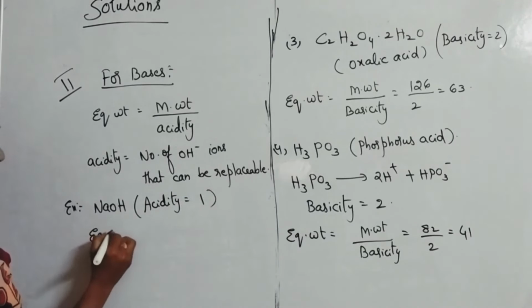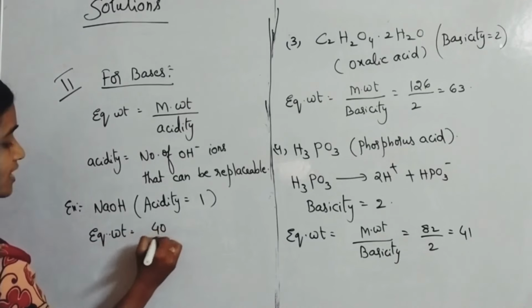ఓకే, సో ఈక్వాలెంట్ వెయిట్ ఆఫ్ NaOH ఎంత అవుతుంది నాన్న? 40.